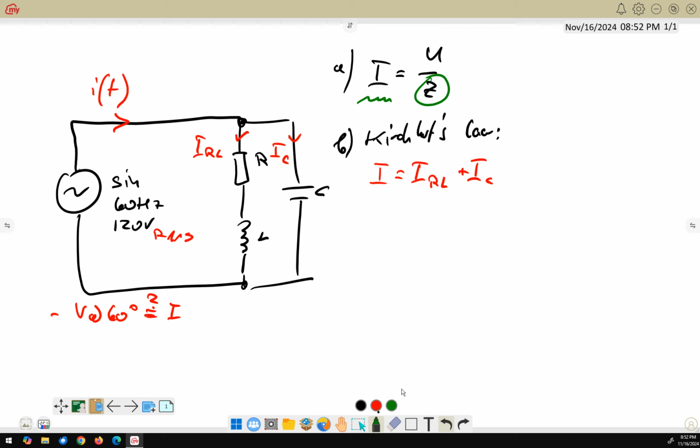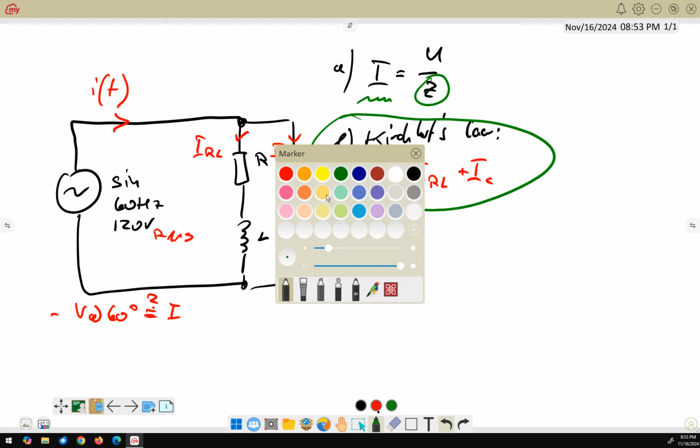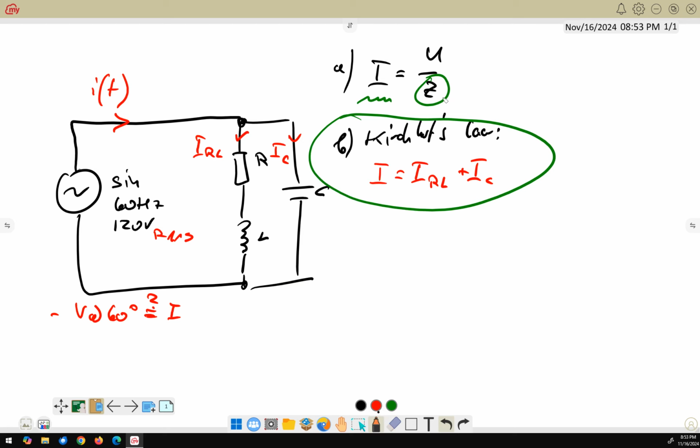The easier way to calculate is actually going this option, because when we go via the impedance, it ends up in calculating the parallel impedance.